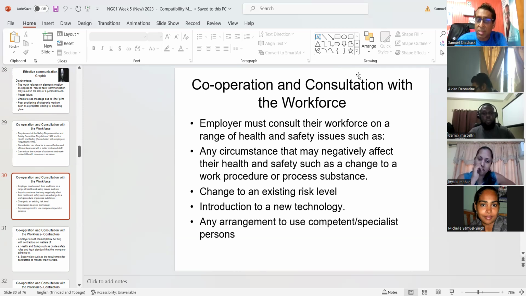What do you consult the workforce about? Employers must consult on a change in existing risk level, on the introduction of new technology, and on any arrangements to use competent or specialist persons.